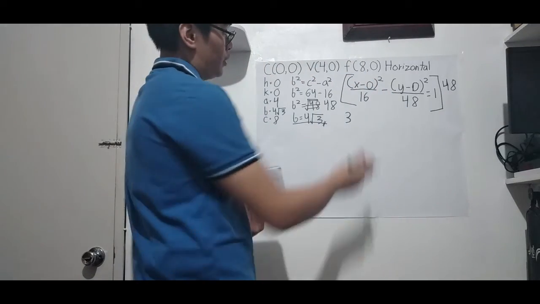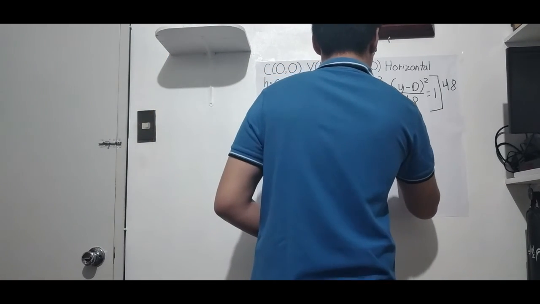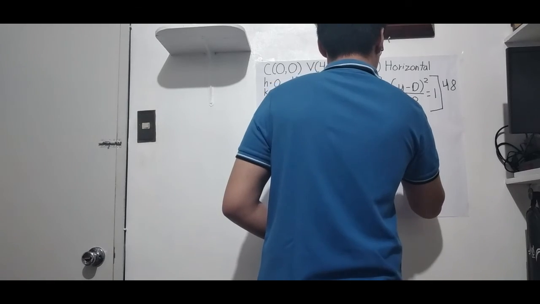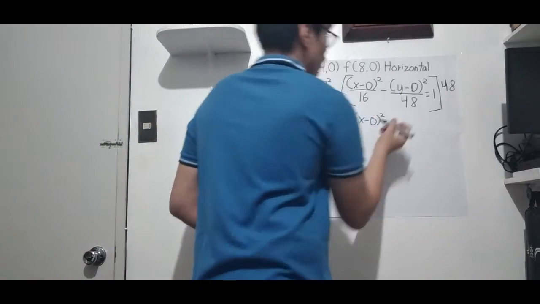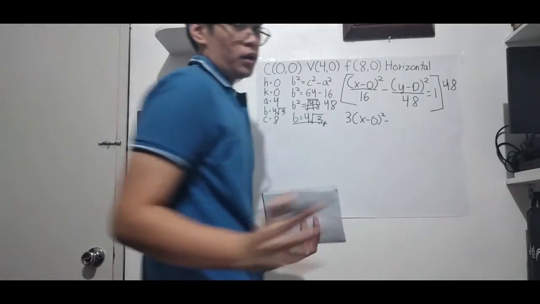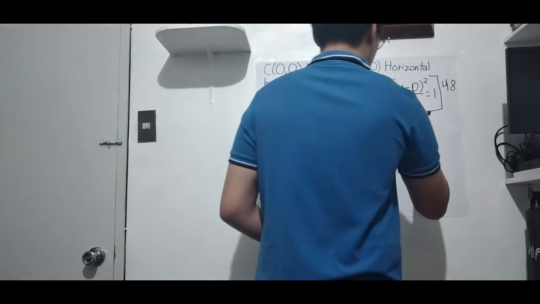We just need to copy our x minus 0 squared. Next, 48 divided by 48 is 1, so I won't write it anymore; automatically there would be a 1 there.